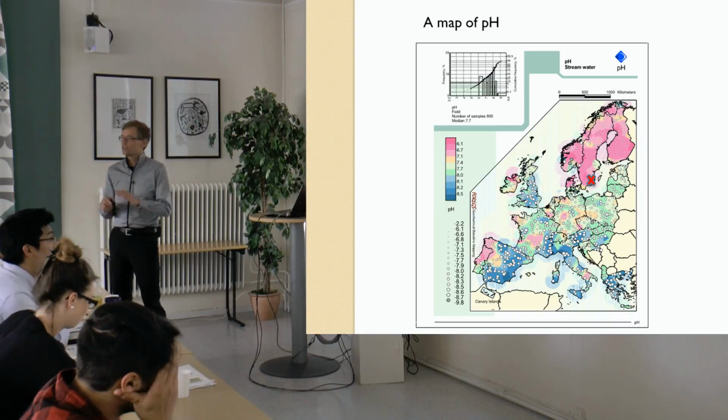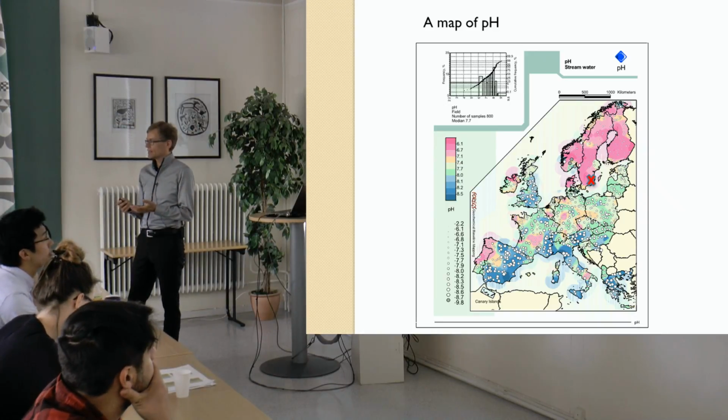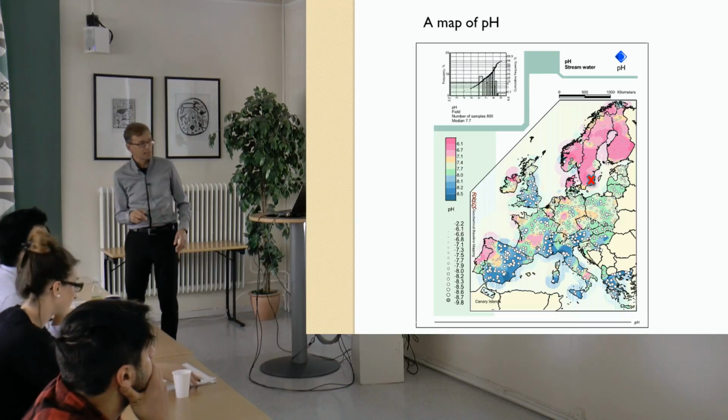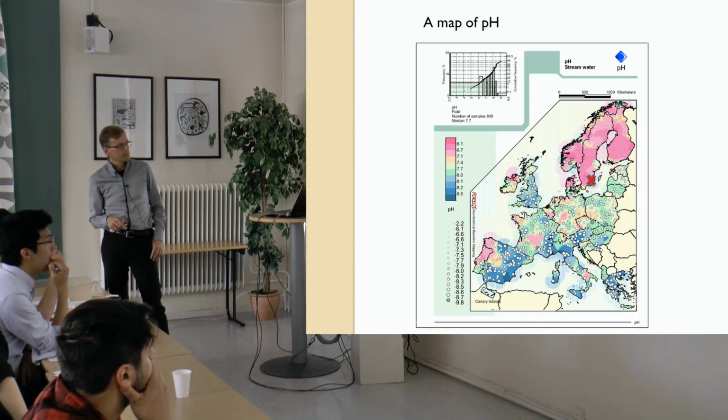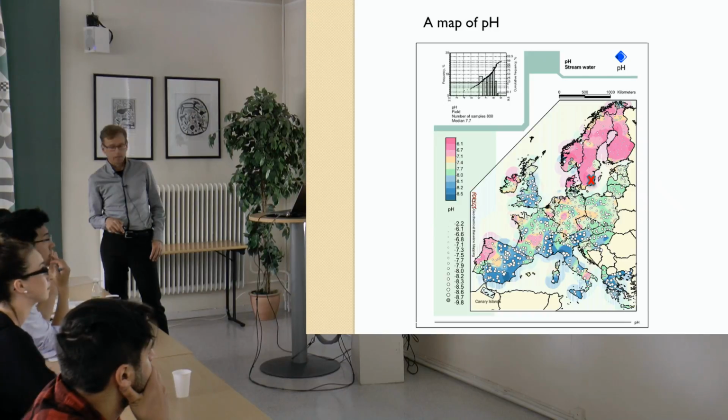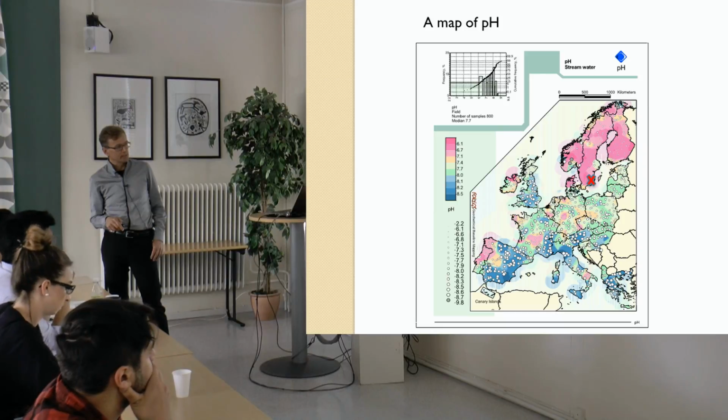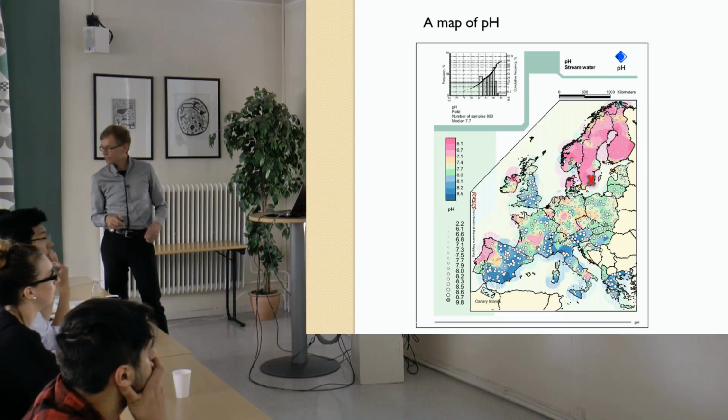And the size of the symbol tells us the pH of this stream. So if it's a small symbol, it's a low pH, below 6, and if it's a large symbol, it comes up to nearly 10. So each circle is one stream, and there is an indication of its pH.